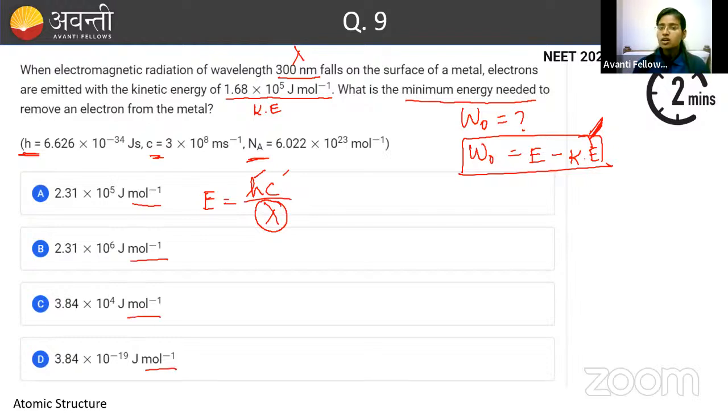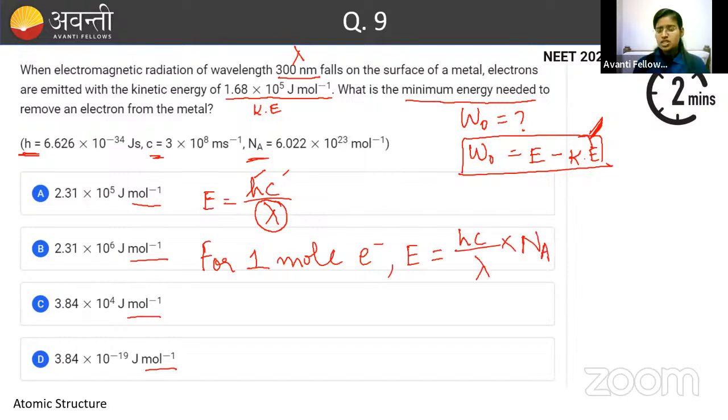So for 1 mole of the electron, the energy is equal to hc by lambda into the Avogadro number.